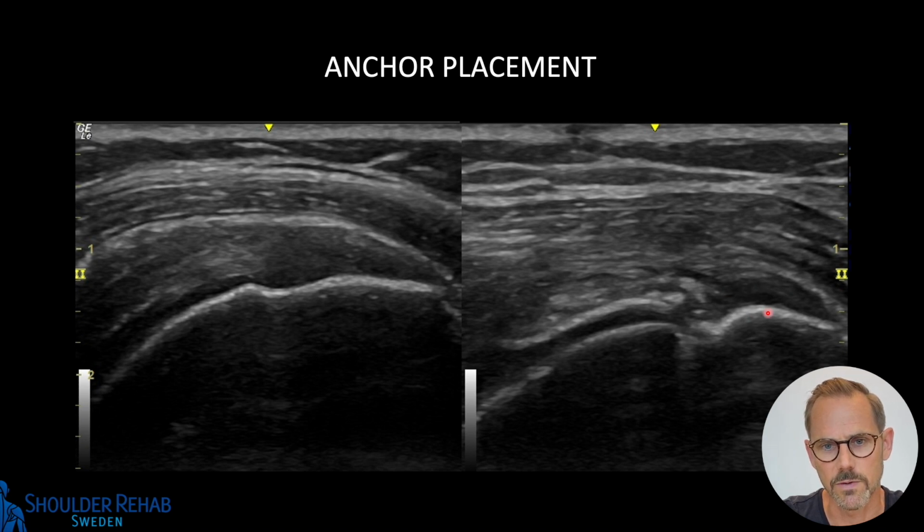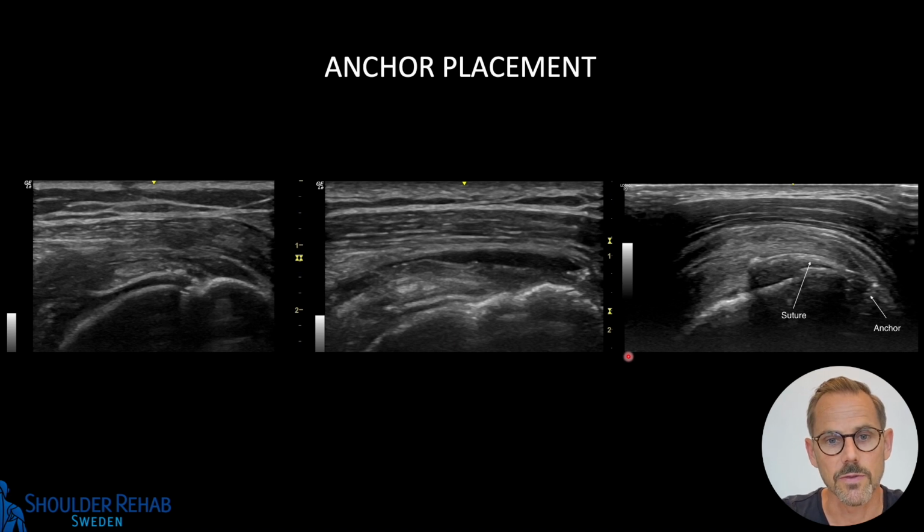So we have the bone, and above that the empty black void. That is usually what a tear looks like. But now we need to be aware that we have the anchor placement here, with tendon medial to that. So this is the new insertion of the tendon, and this is just how it turned out after the surgery, and not a re-tear. That's very important to take into consideration when you examine the post-op rotator cuff patient.